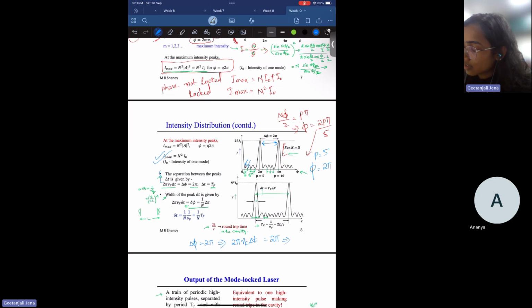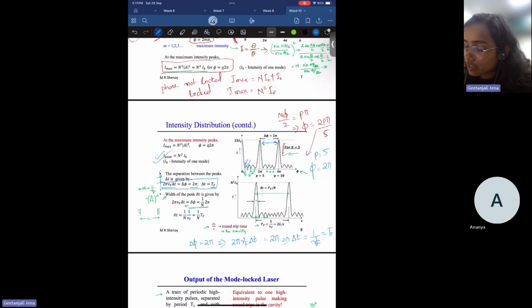So the separation between the peaks in time is given by 1 by nu f, which we write as Tf. In this way, you can calculate the separation between the peaks in time, which is Tf, and Tf is nothing but 1 by nu f.